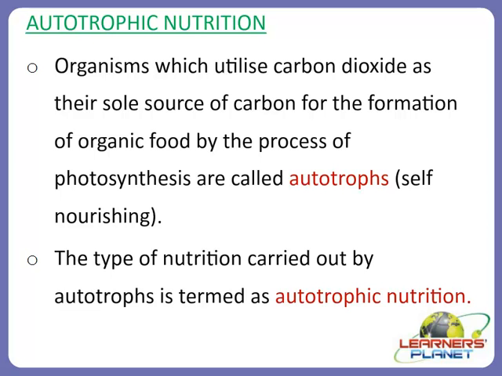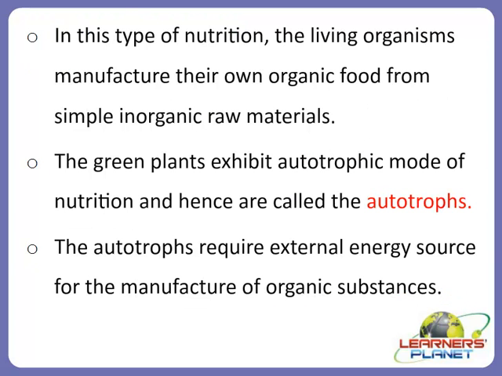Now start using your brain. Which are the organisms for which carbon dioxide acts as the sole source of carbon? Let us see. In this type of nutrition, the living organisms manufacture their own organic food from simple inorganic raw materials, like the green plants.